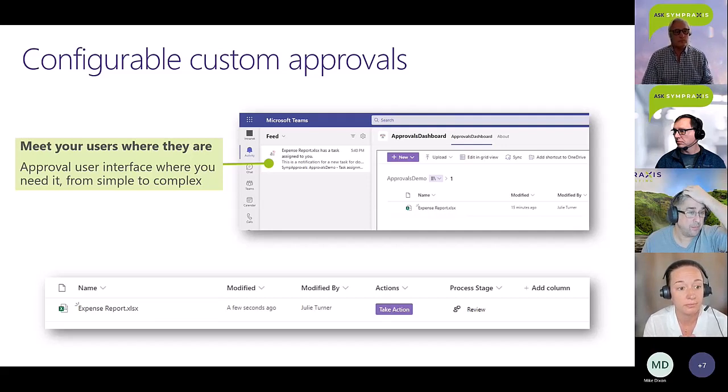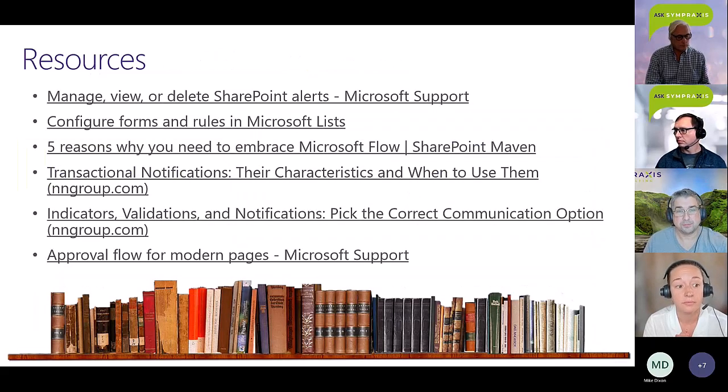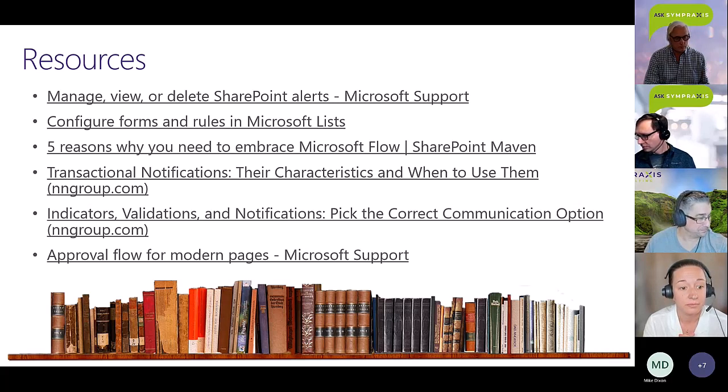Okay. So I think that rounds up all of our different notification and approval solutions. We've got a long list of resources for you. We are presenting in Teams, so you should be able to click on any of those that you want to click on. We've got the manage, view, or delete SharePoint alerts, that's a Microsoft support document.